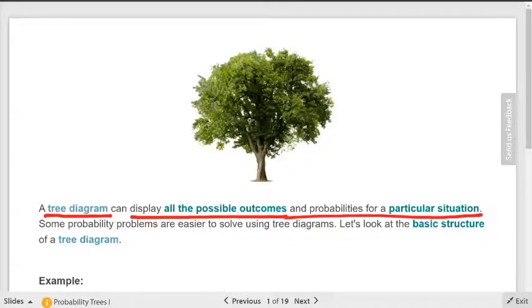So the first thing is we're going to review how to draw just a basic tree diagram, and then we're going to talk about reading them. And then we're going to learn how to take a tree diagram, like that probability chart, that gave you a little information and you had to fill in the rest. Okay? So, here we go.